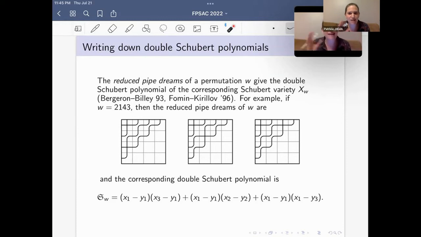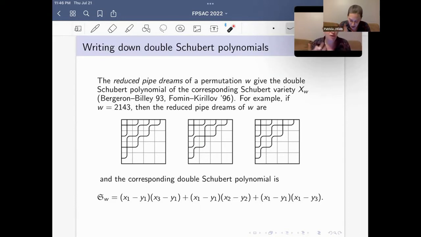They weren't named until Knutson and Miller, but these objects were in the literature before they were named. So these squiggles correspond to 2143. And a reduced pipe dream is just defined as a certain tiling of the grid, and it corresponds to a certain permutation. And so these are the 3 pipe dreams for the permutation 2143.